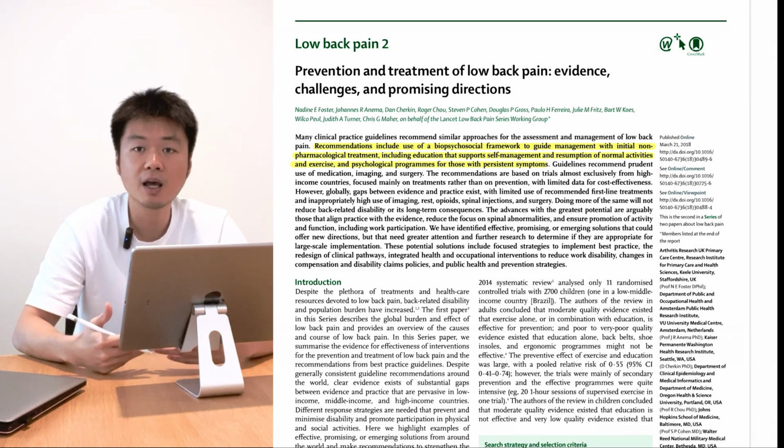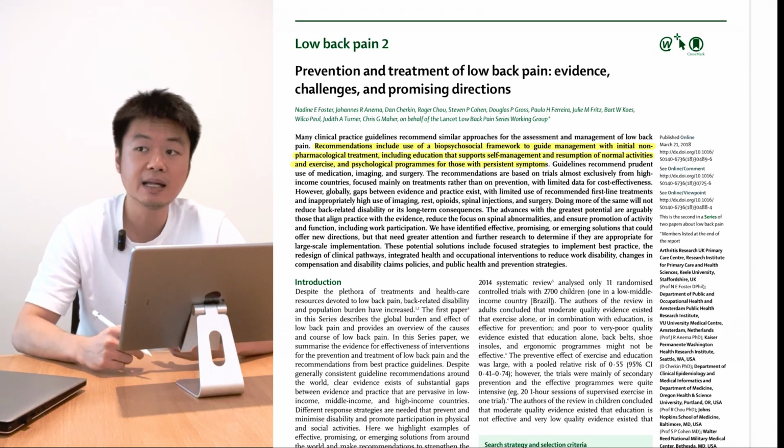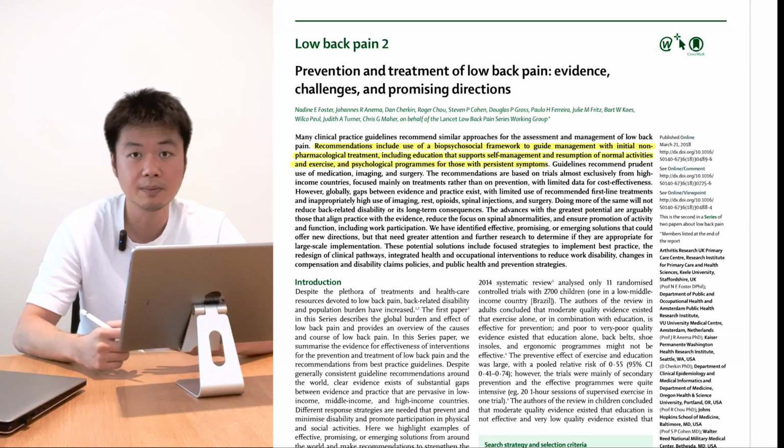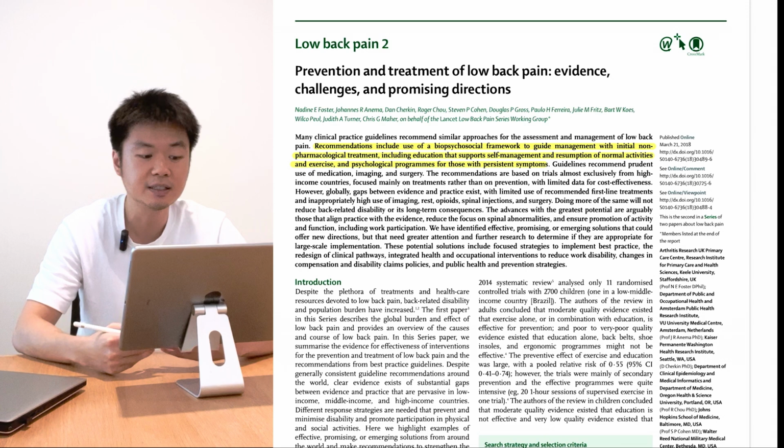Psychological programs are helpful for those who have fear, anxiety, depression, where belief about their back pain is very poor, self-efficacy is very poor.